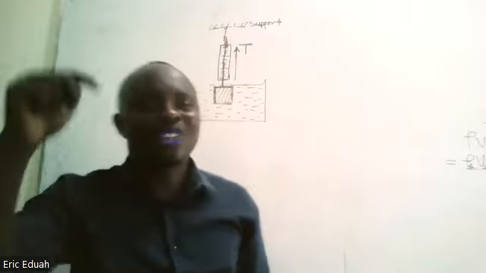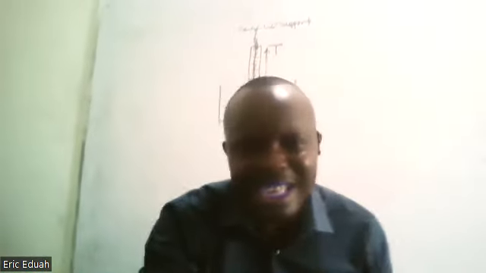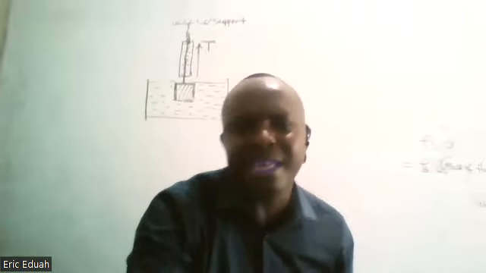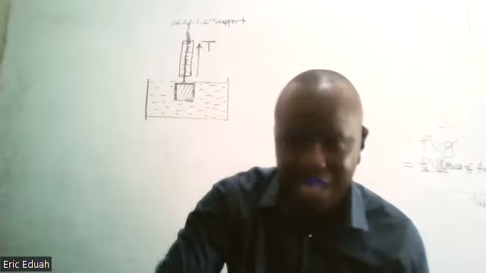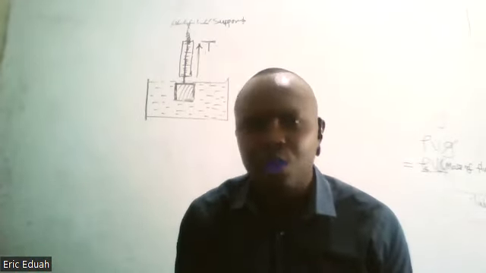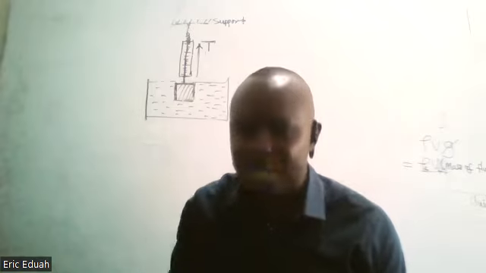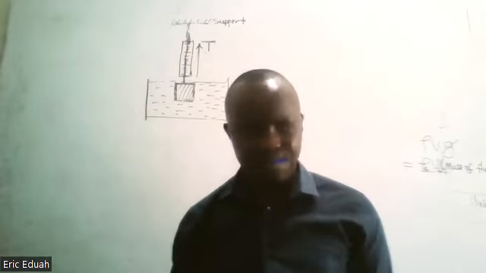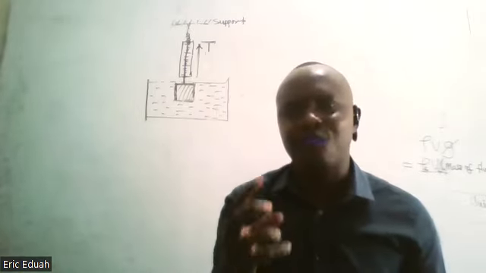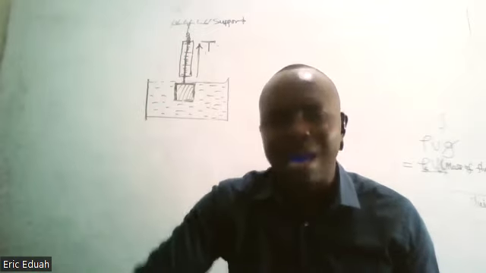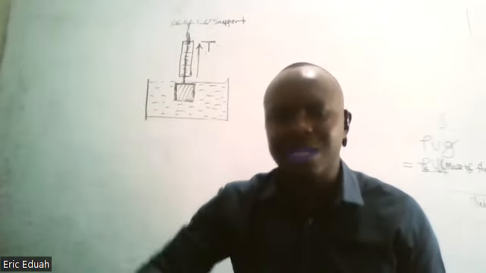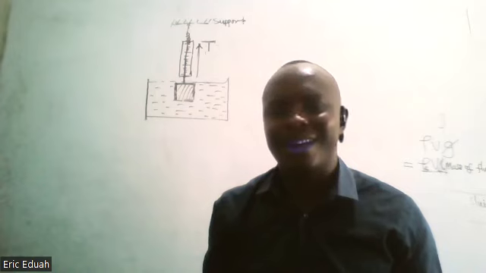Okay, so class, upthrust is a force within fluids. When we talk about fluids, we are talking about anything liquid or gaseous. So upthrust is a force produced by fluids, which can be liquids or gases.